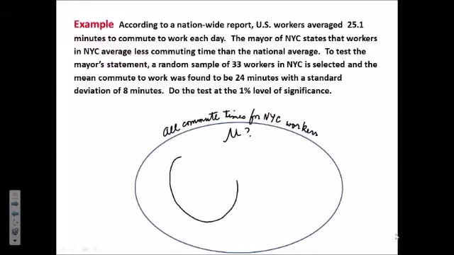We're going to perform a test by taking a sample of how many workers? Well, the sample is going to be 33 workers, so the sample size, n, is equal to 33. The average for the sample was found to be 24 minutes with standard deviation of 8 minutes.